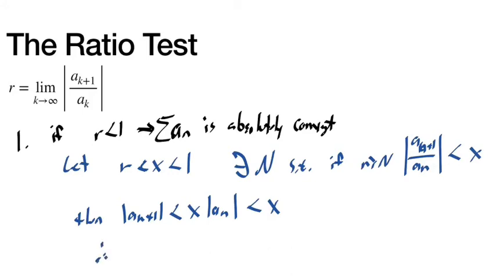And so if I want, I could think of the sequence a_k over x to the k, and that sequence must converge to 0, because I'm taking things that are bigger on the bottom and raising them to larger and larger powers, and so that thing has to go to 0. And particularly, it must be bounded, and is bounded.